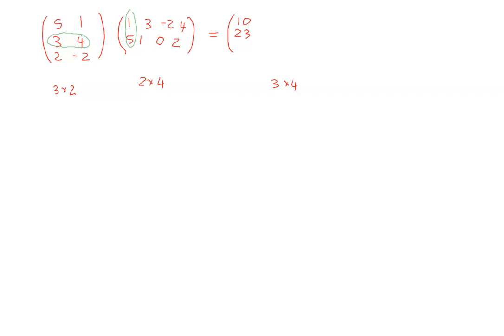And you should do some more of these examples over the weekend. Again, look at the numbers. I said it's the dot product, so it's 3 times 1 plus 4 times 5. That's the dot product of 3, 4 with 1, 5. A good old dot product from your Calc 3 days, right?